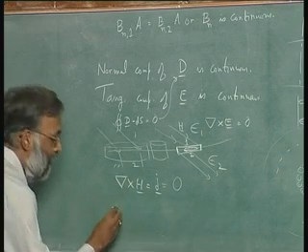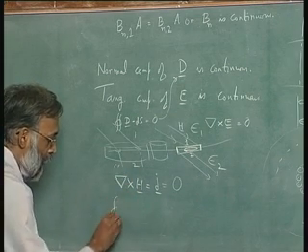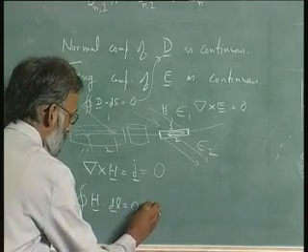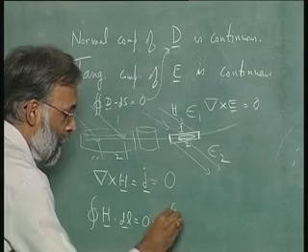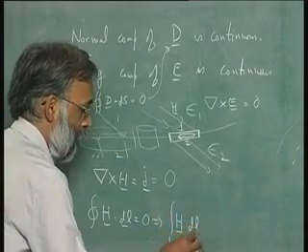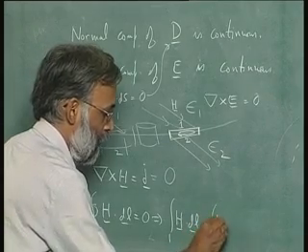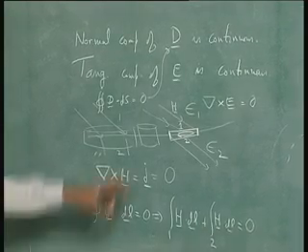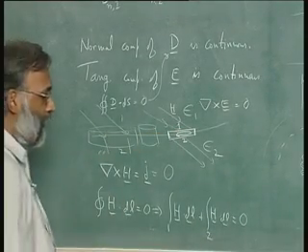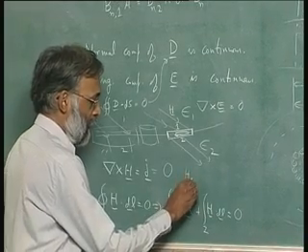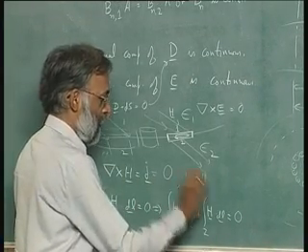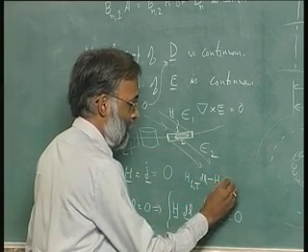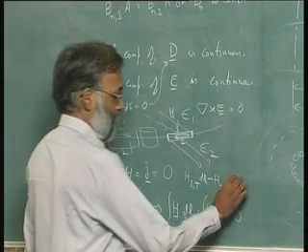Then this statement is equivalent to saying loop integral H dot dl is equal to 0, that is integral on side 1 H dot dl plus integral on side 2 H dot dl is equal to 0. But integral on side 1 H dot dl is H1 tangential times dl. On side 2 it is minus H2 tangential, same dl, is equal to 0.